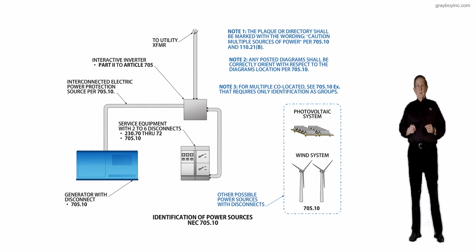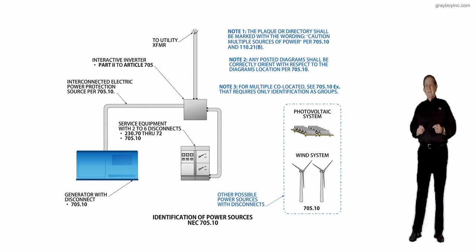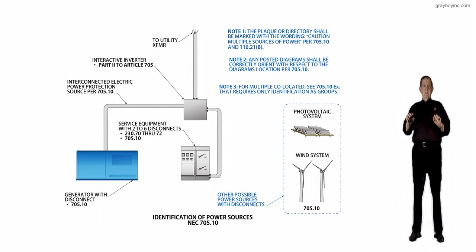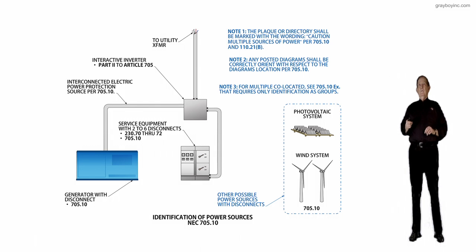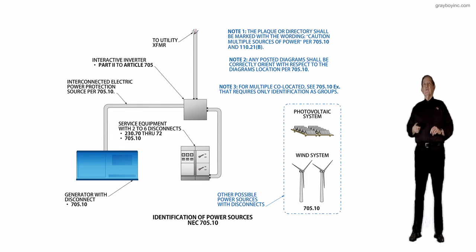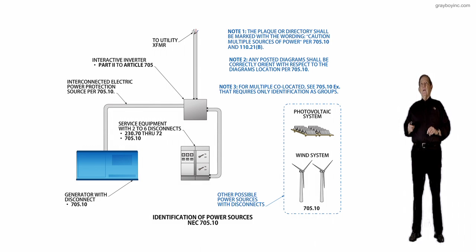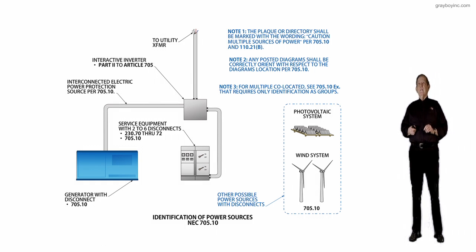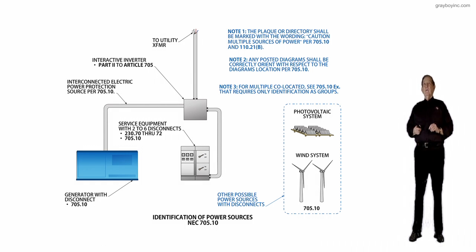Now, to illustrate this provision a little bit better and provide information, we're going to look at the three notes first. The note to the right: the plaque or directory shall be marked with the wording "Caution, multiple sources of power" per 705.10 and 110.21(B).